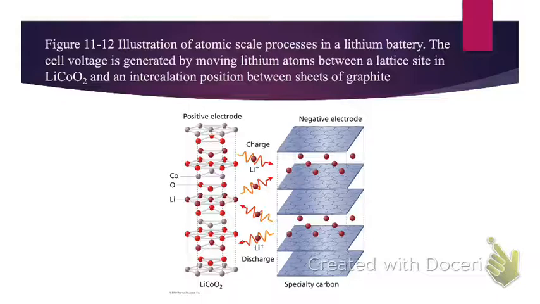The charge state is where we're recharging the battery so that it gets repeated use. In the discharge state, we'll see the migration of the lithium ions from the negative electrode, where they're produced, to the positive electrode. The negative electrode would be the anode, and the positive electrode would be the cathode.